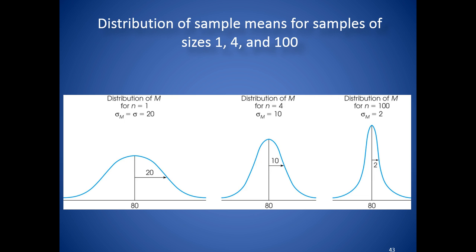But when you have 100, look what happened to the variance. Standard deviation is 2, and that tells you that the higher the number in the sample, the difference between the sample mean and the population mean gets very, very small.